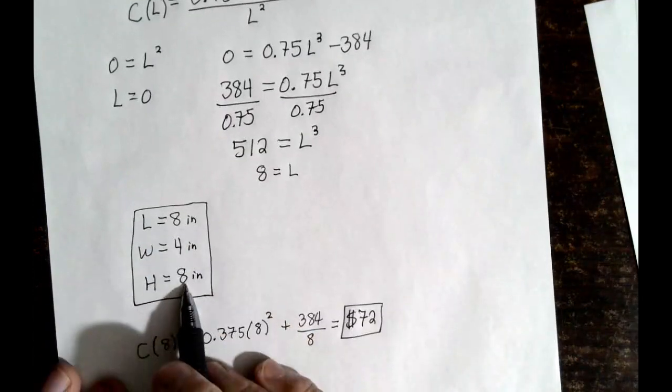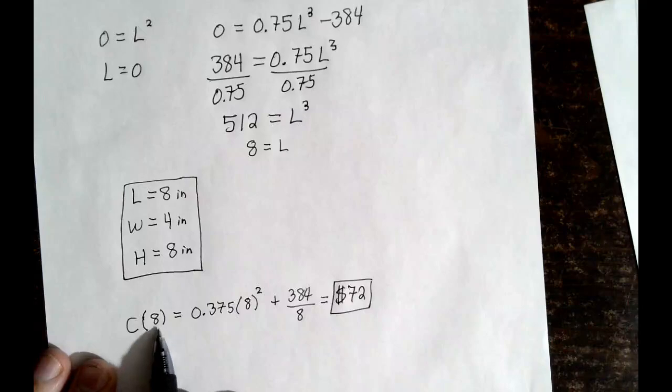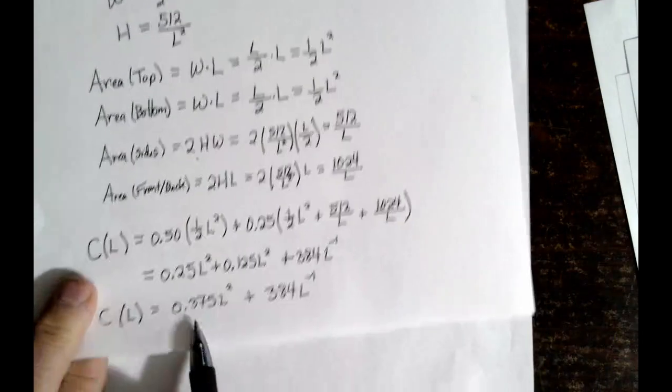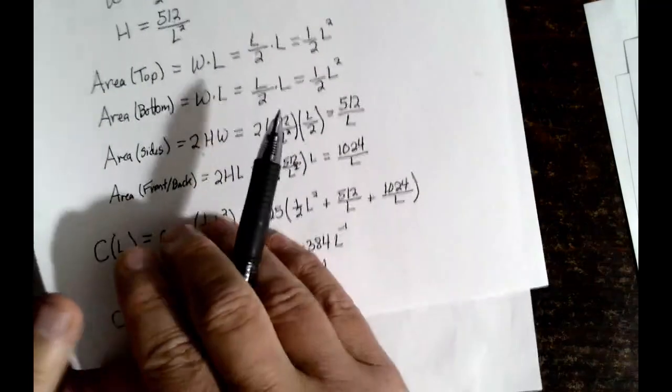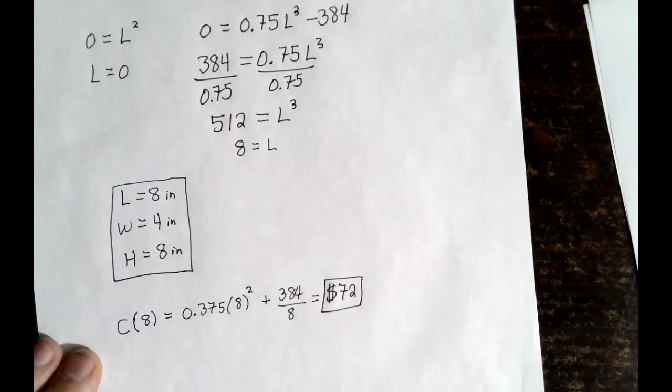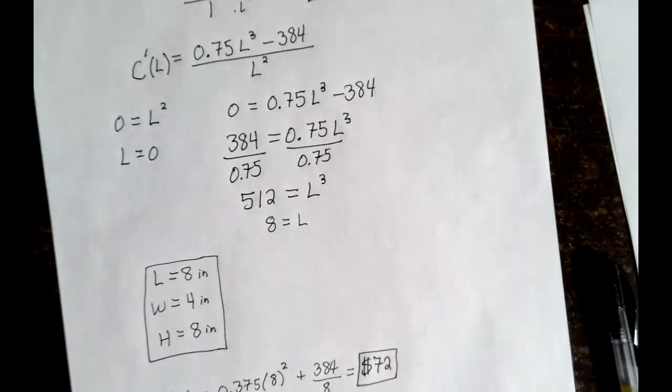So you got the 3 different dimensions, and you can plug 8 into the cost function. When you plug 8 into this cost function here, you get a cost of $72 for the construction of the box.